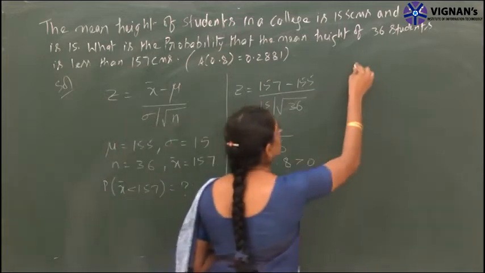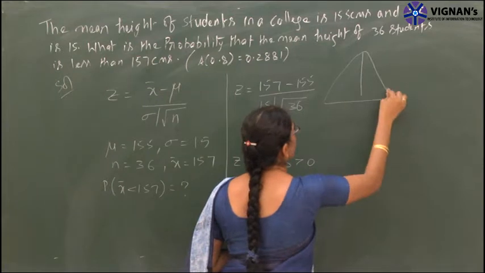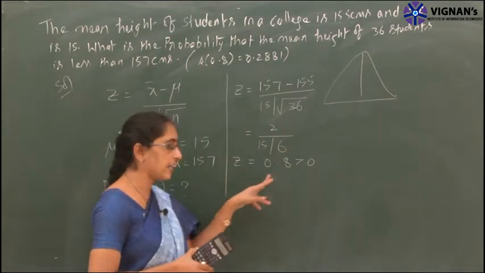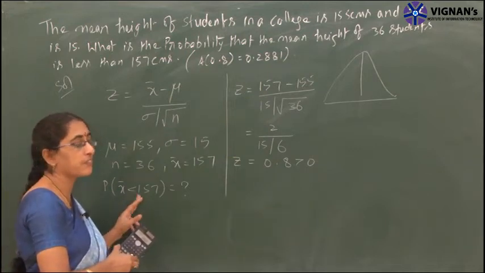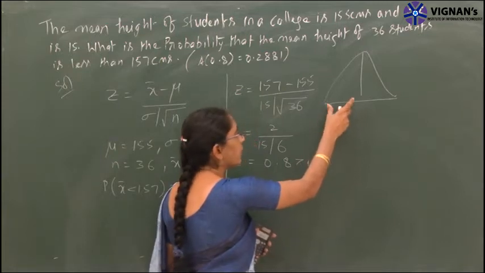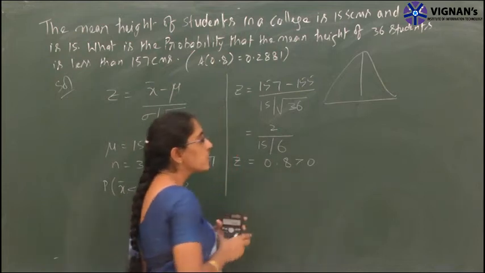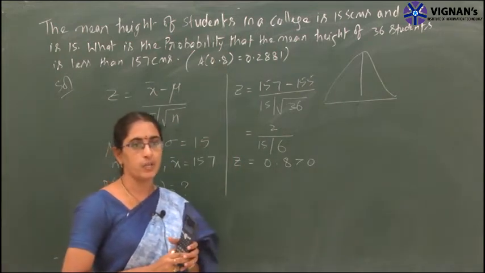So if you consider the normal curve, we know that the normal curve is a bell-shaped curve here. Okay. So z equal to 0.8 and here we are finding probability of x bar less than 157. That means we are considering the left part here. So here the z value is getting as greater than 0. By solving the normal distribution problems, we have learned the formulas here.